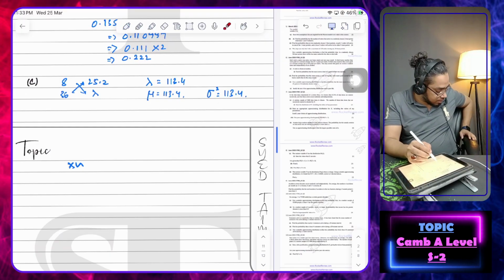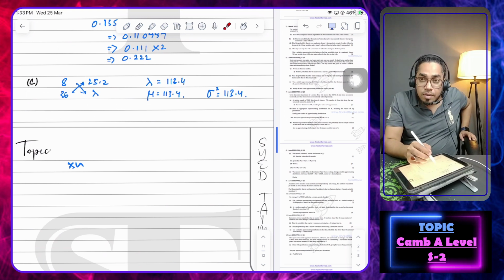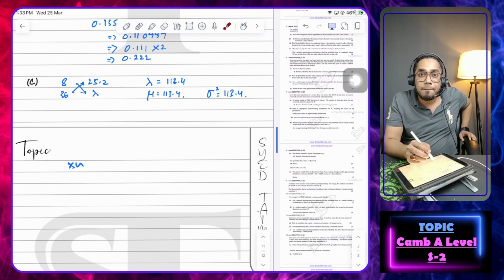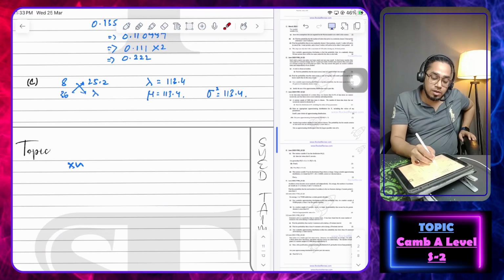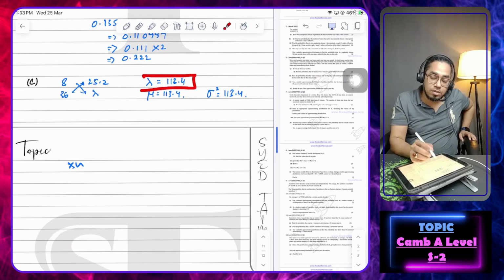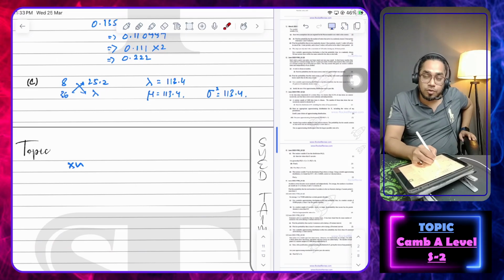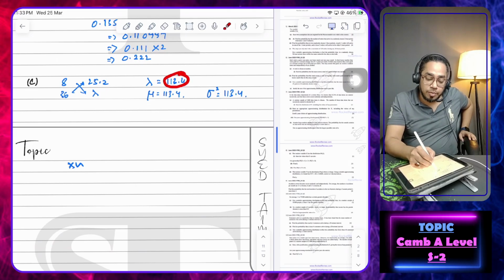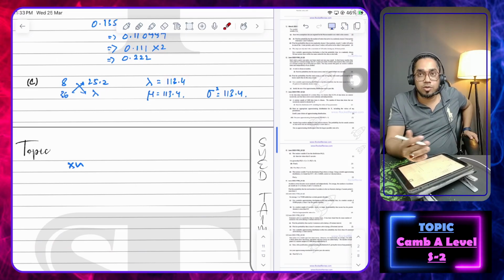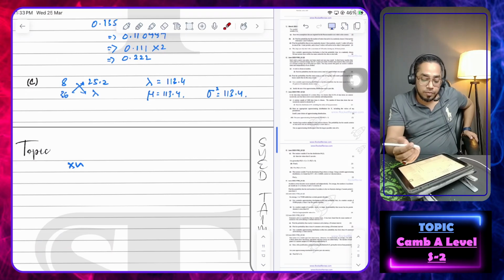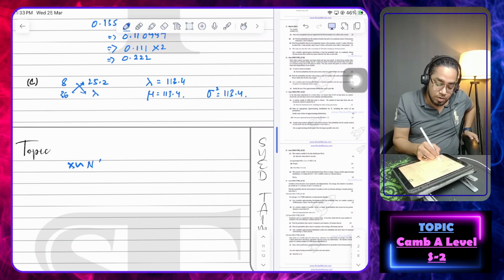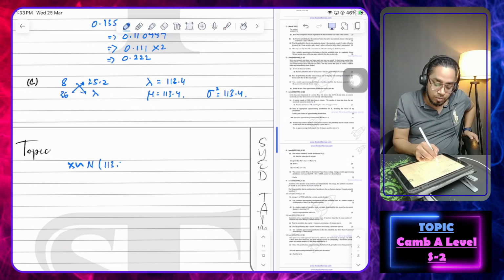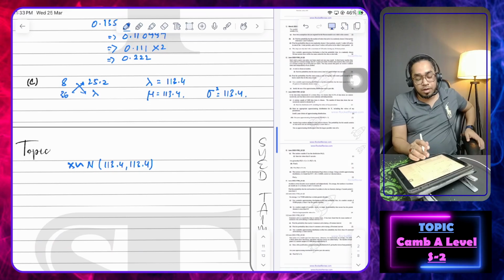It must be greater than 10 because I've seen that in the syllabus. So if you are using that one, it means this is the mean, it is greater than 10, so you can use the normal distribution. So 113.4 and 113.4 mean and variance.